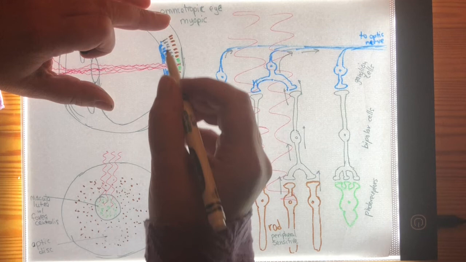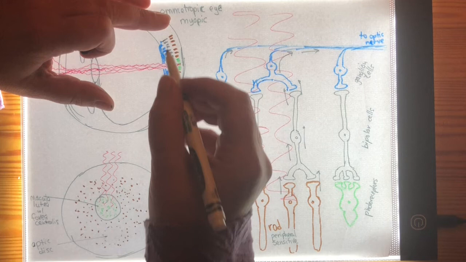A myopic eye is an eyeball that is too long, and therefore the light tends to hit a little bit in front of, or sometimes quite a long distance in front of, depending on how long the eyeball is, the focal point that is meant to be hit at the back of the eye.